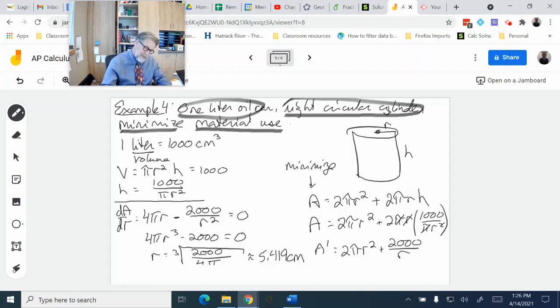Is this a minimum? Well, let's, in this case, do the second derivative test, just because we have it. The second derivative of this function is 4 pi plus 2,000 over r cubed. And the reason I say let's do the second derivative test is because it doesn't actually require us to do any calculations. I could have plugged in some number less than 5, some number greater than 5.419, done those calculations, but let's say I don't have a calculator.